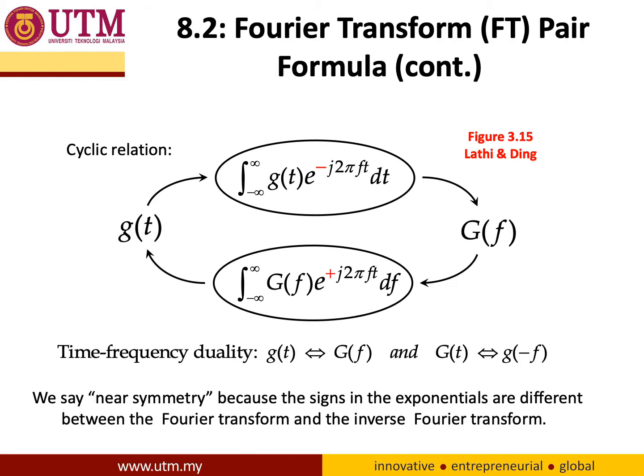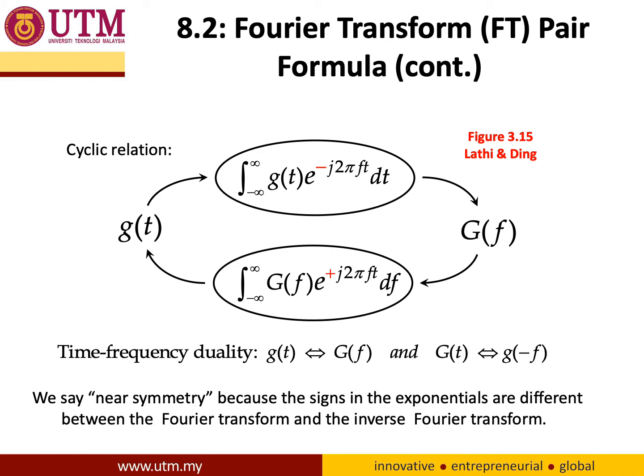If we look carefully at the figure shown in this slide, it shows a cyclic relationship between the Fourier transform and inverse Fourier transform. We say near symmetry for this figure because the signs in the exponential are different between the Fourier transform and the inverse Fourier transform.